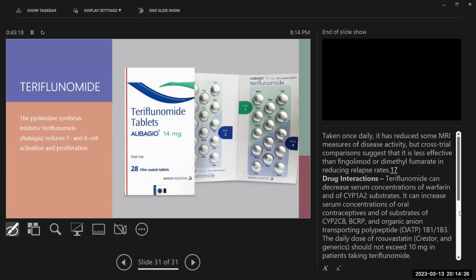Teriflunomide inhibits the synthesis of pyrimidines, and it reduces B and T cell proliferation. This drug is a cytochrome P450 1A2 substrate. So it'll increase the concentrations of oral contraceptives.